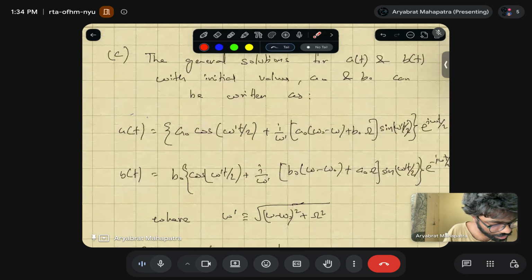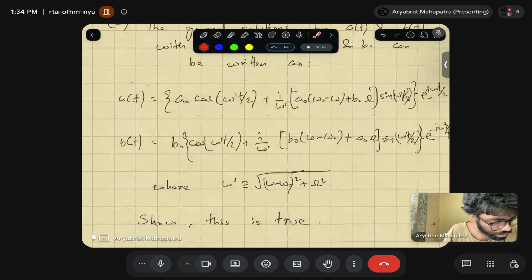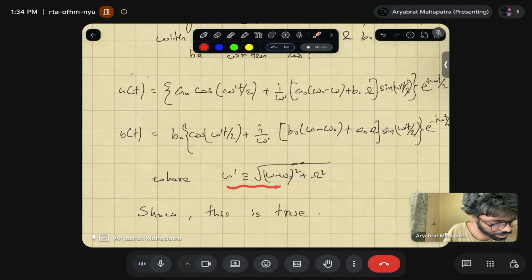So A of t is this, and B of t is this, and then there is this frequency again, which is basically, I think, the NMR frequency.